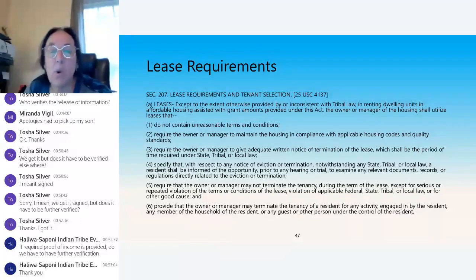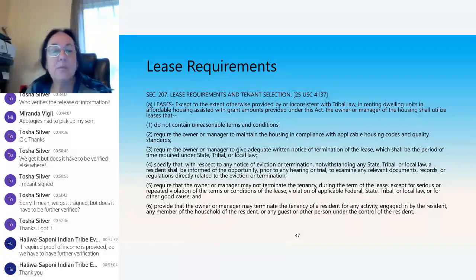They require the owner or manager to maintain the housing in compliance with applicable housing codes and quality standards, and to give adequate notice of termination of the lease. Most places, say 30 days notice, which shall be the period of time required by state, tribal, and local law.